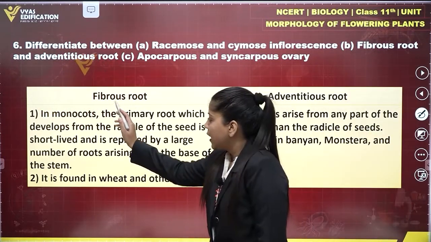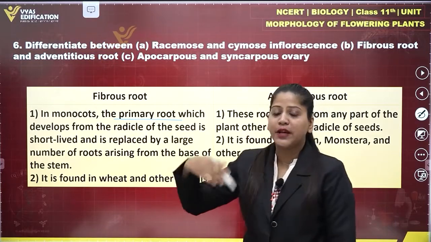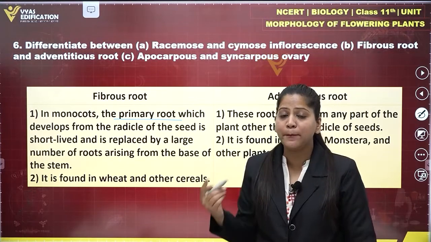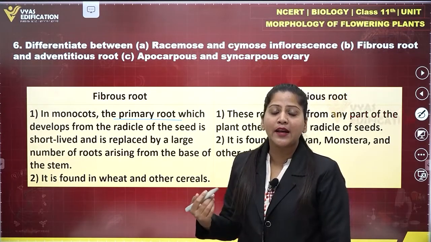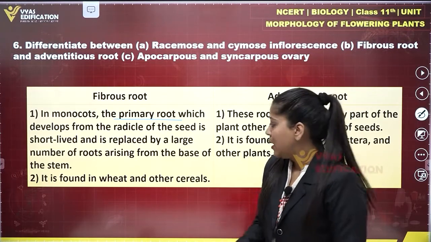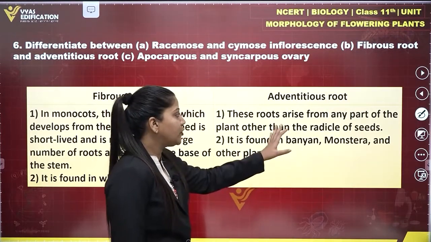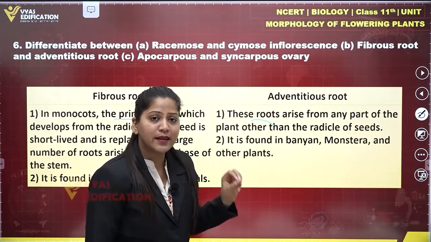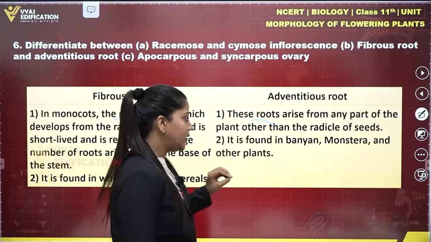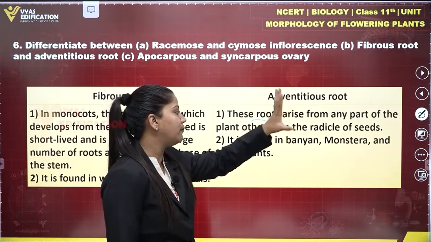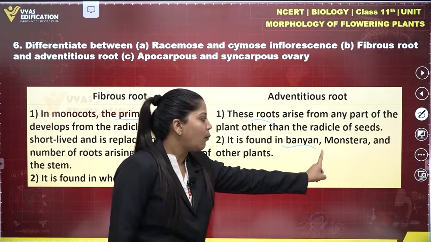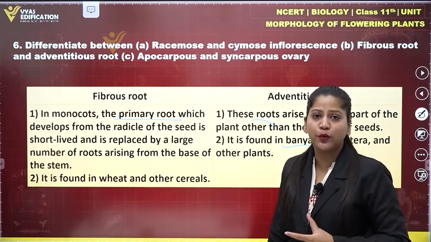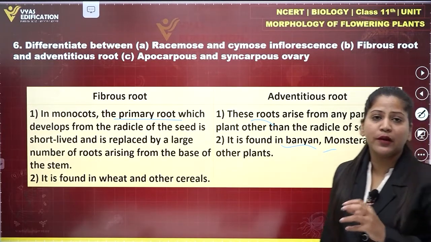In this, the primary root which develops from the radicle of a seed is short-lived and is replaced by a number of roots which arise from the base of the stem. Adventitious roots arise from any other part of a plant except the radicle of a seed, and are found in banyan tree, monstera and some other plants. So these are the differences between fibrous and adventitious roots.